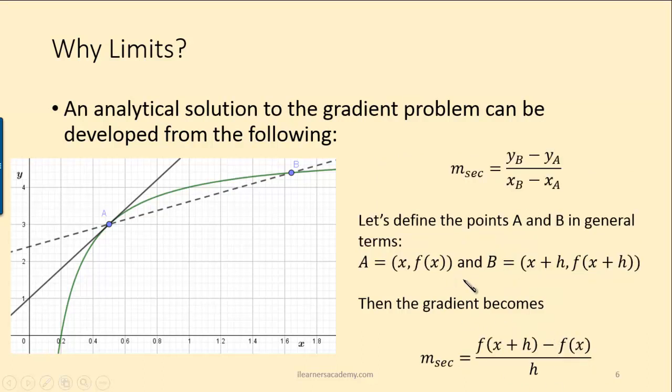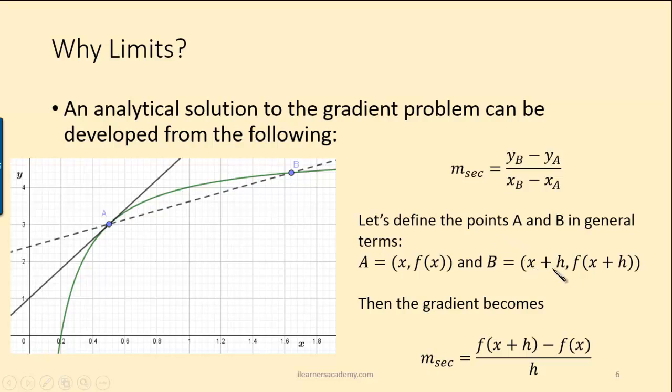So pause for a while because this might scare you a bit, but there's nothing to be scared of. This point here is the point. The horizontal coordinate is some x and the vertical coordinate is some f of x. Then we go across a certain amount h. Now we could use some other variable. Some books say delta x, some books say a, some books say b. I'm going to use h. So we go across by an amount h, and of course the horizontal component of this point b then is going to be x plus h.